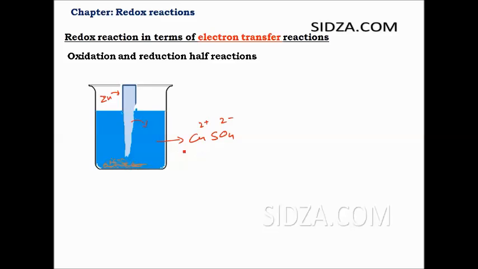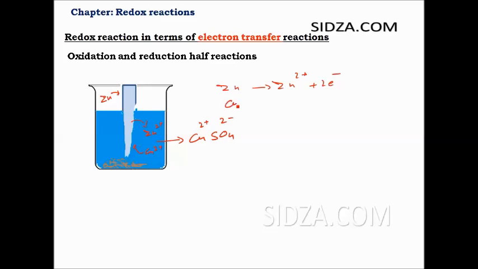Why? Because in this reaction the zinc changes into Zn2+ plus 2 electrons, which means the zinc loses electrons and the zinc ions go into the solution. The electrons react with the copper ions from the solution.